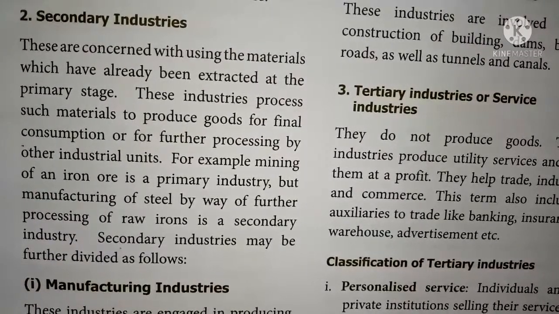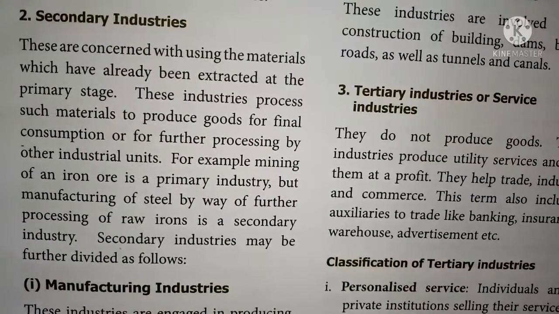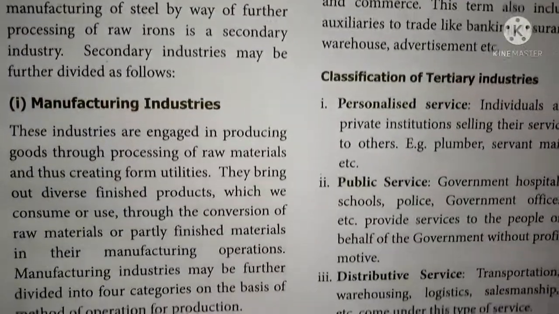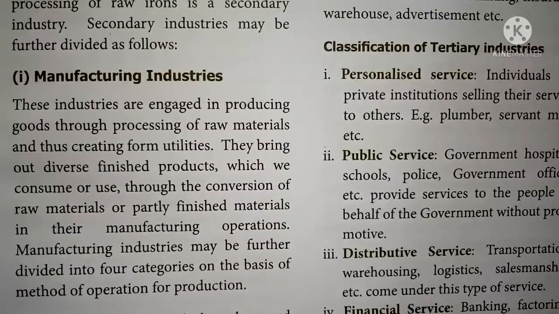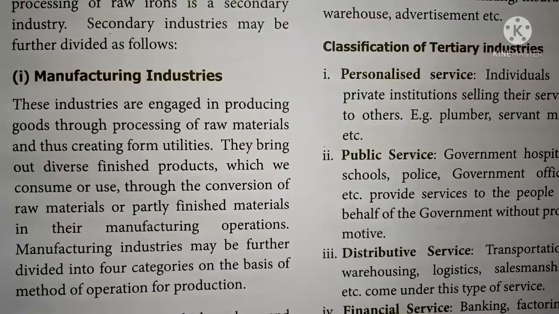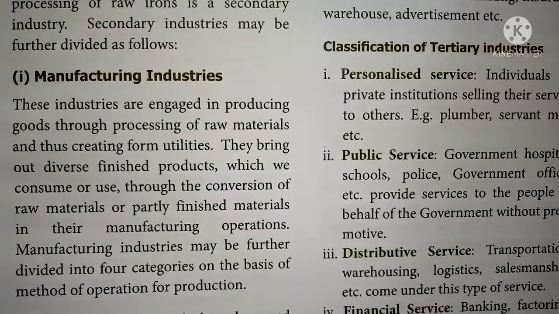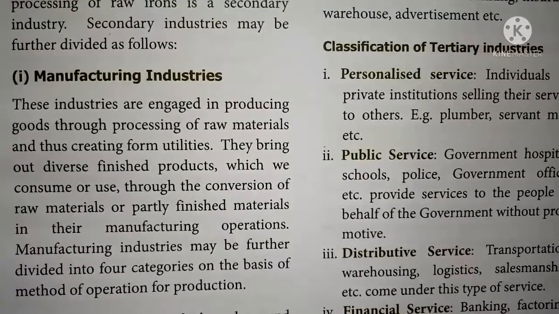Secondary industries may be further classified into manufacturing industries. Manufacturing industries are engaged in producing goods through processing of raw materials and thus creating form utilities.